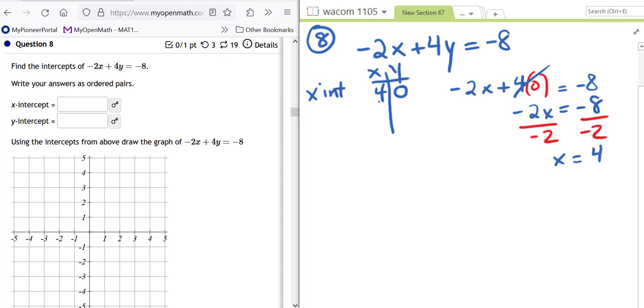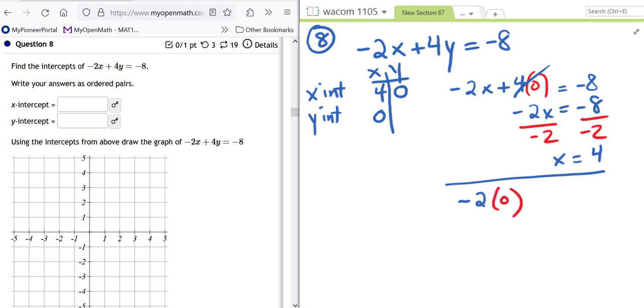All right, now the next answer they want is the y-intercept. And you put 0 into x. So we have negative 2 times 0 plus 4y equals negative 8.